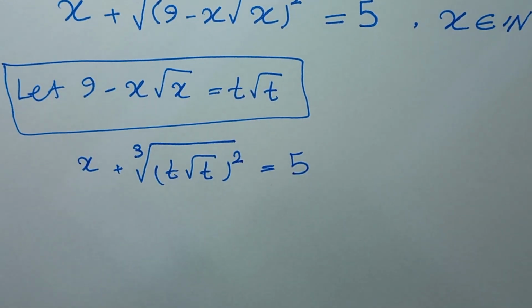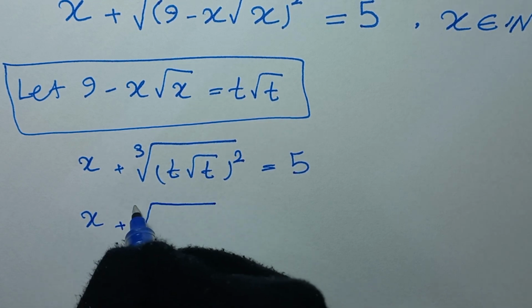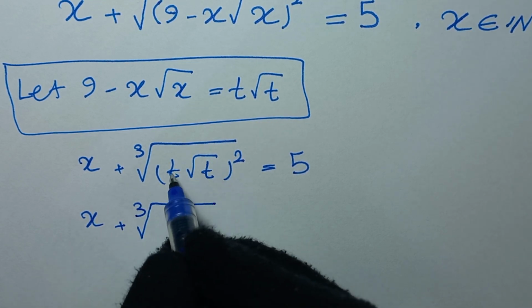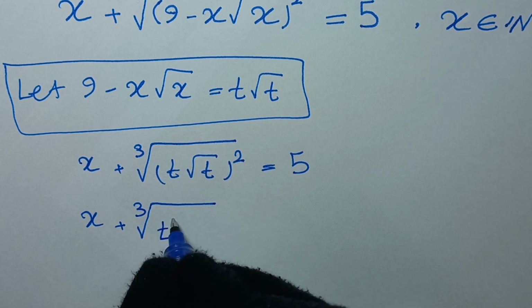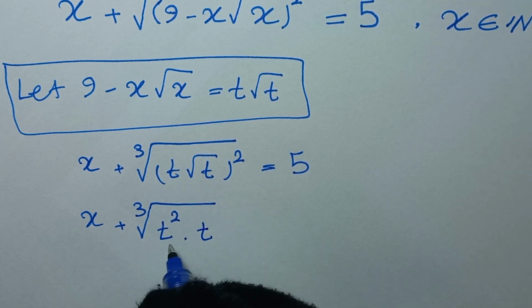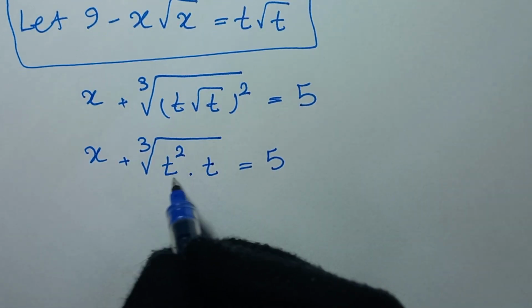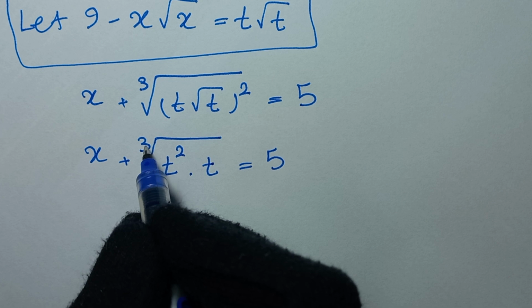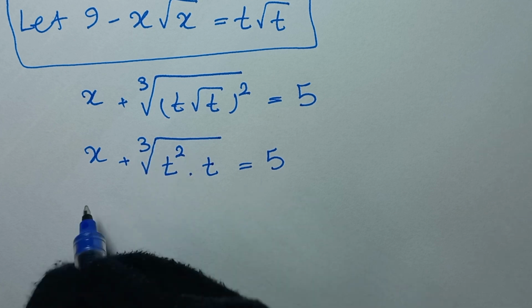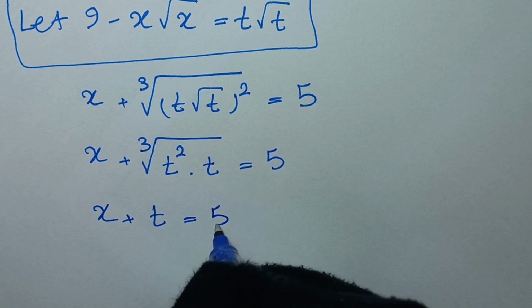This is t square times square root of t to the power of 2, which is t, so t square times t is t cube, and the cube root of t cube is t.